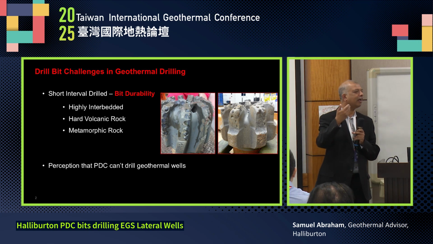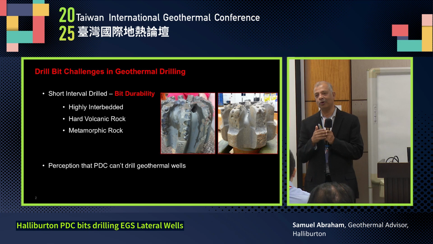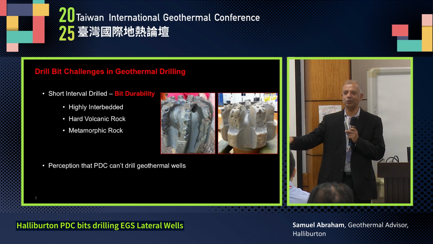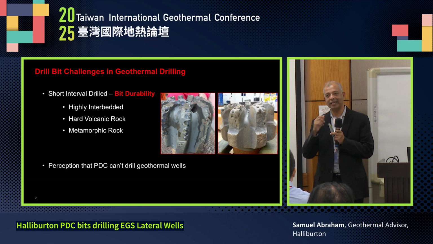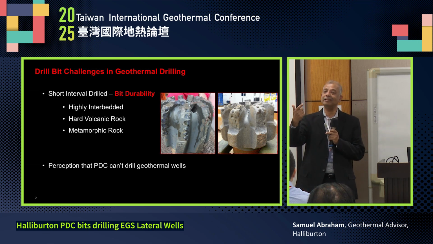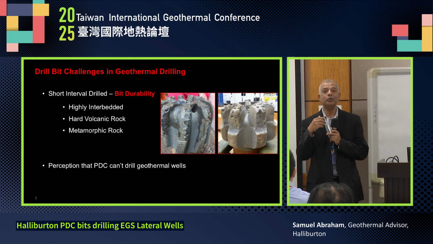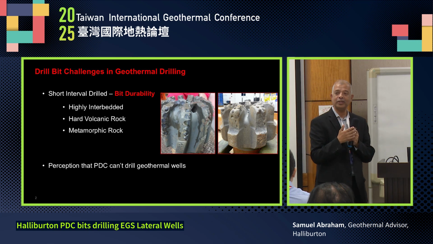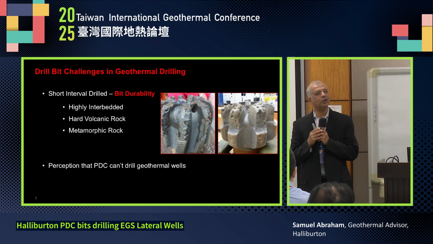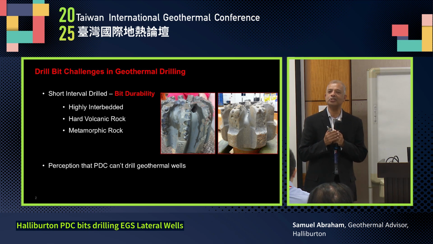Because every time you drill a well or a section of the hole, you have to reach the TD of that section before you run casing. The number of times you pull out to change a bit increases the time, and if it costs you time, that's going to cost you money.